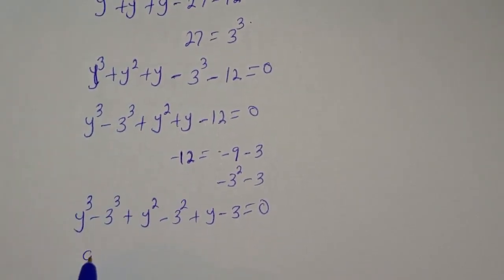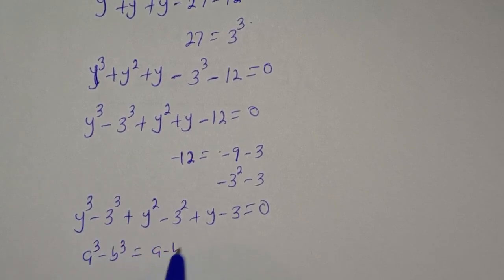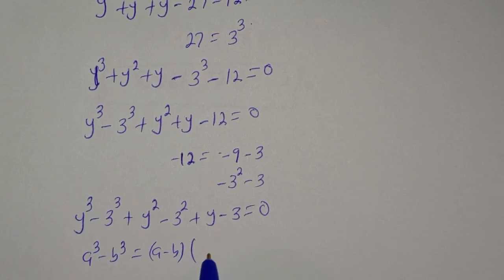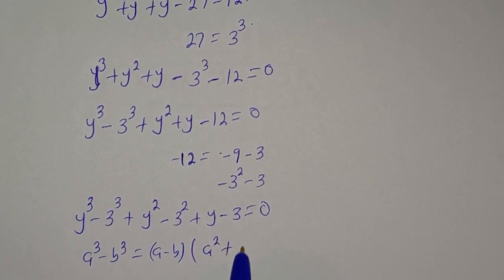If you have a raised to power 3 minus b raised to power 3, this is equal to a minus b bracket a squared plus ab plus b squared.